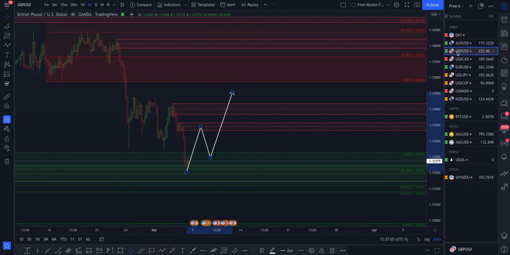So again, short-term institutional bias for pound USD is long, and of course, we want to wait for a pullback and push this up.